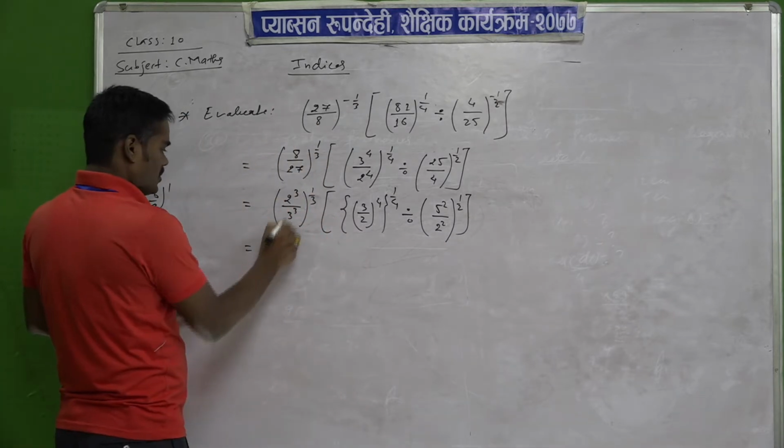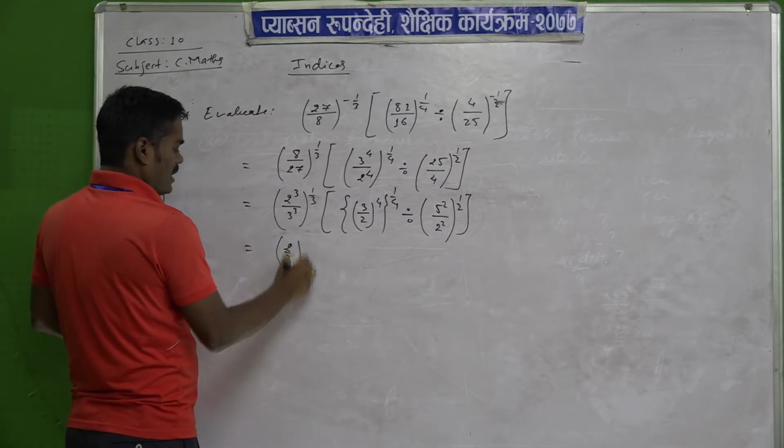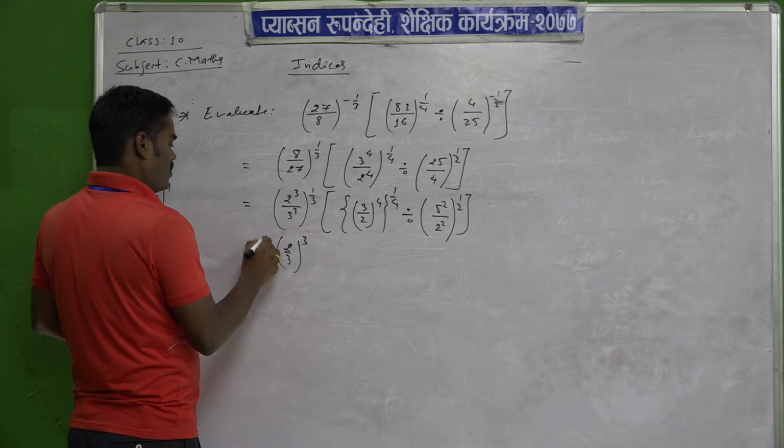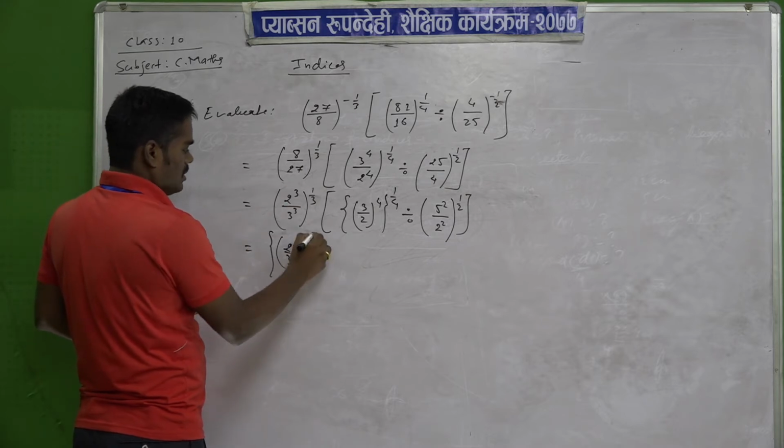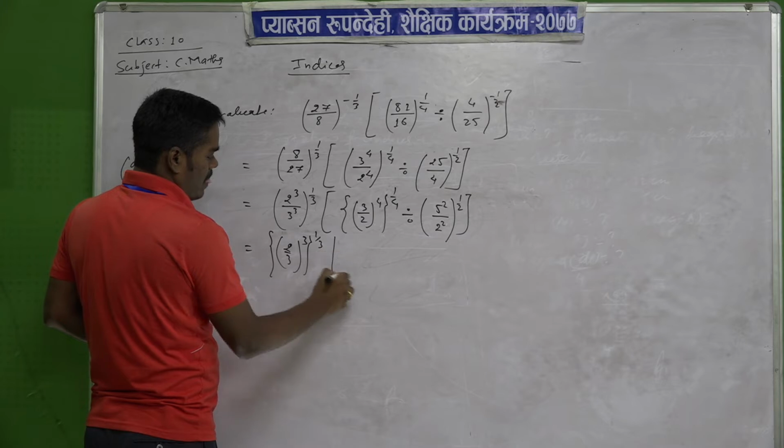So, see here, here also you can write 2 by 3 whole power 3, take power common, whole power 1 by 3.